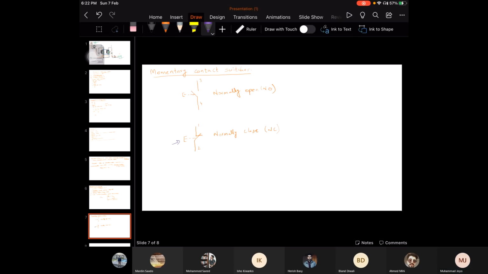Pin number one and pin number two are not connected to each other anymore. If I depress it again, I mean I leave the switch, then it comes back to its original position, that is the normally closed one. So pin number one and pin number two connect to each other.